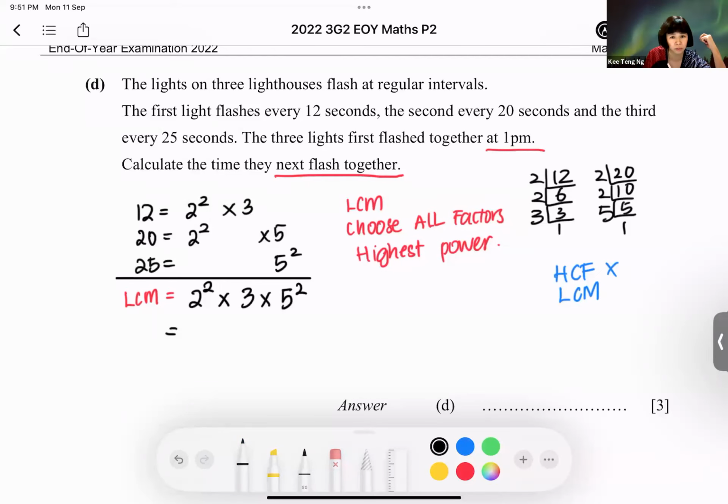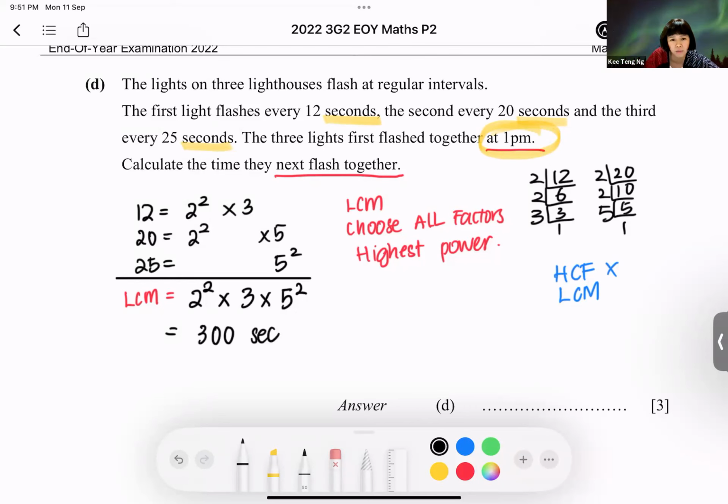But remember, all the units over here are in seconds, and they gave me a timing of 1 p.m. So I need to find this number first. 2 squared times 3 times 5 squared gives me my LCM to be 300 seconds.